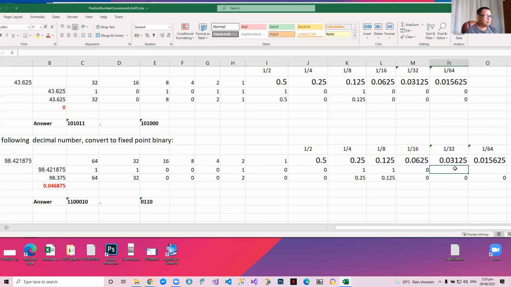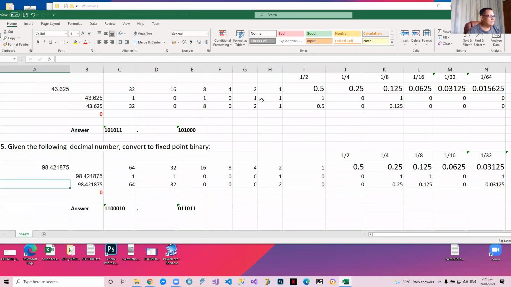32. This is smaller, so we can mark this. Okay. 5, 6, this is equal, so we can mark this. We have an exact answer. Okay. Any questions so far? Okay. We have an exact answer because our final result is a 0.